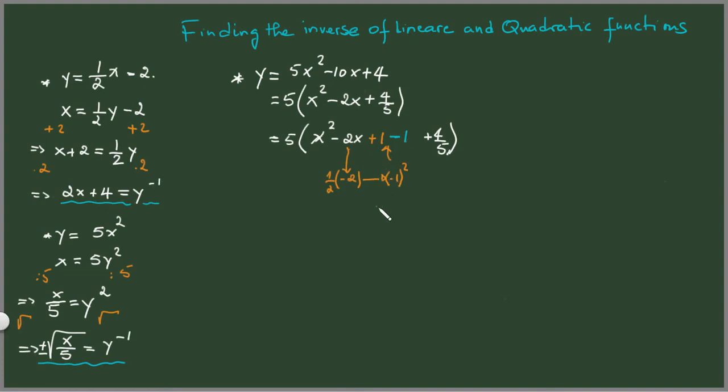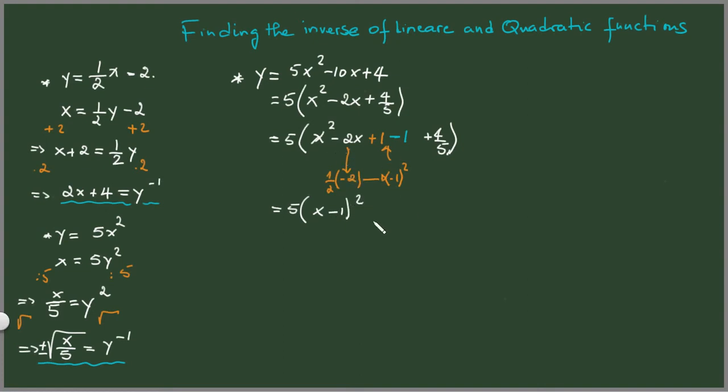We've completed the square, and we can see that this whole term is a perfect square formula that we know, which is 5 times x minus 1 to the power of 2.